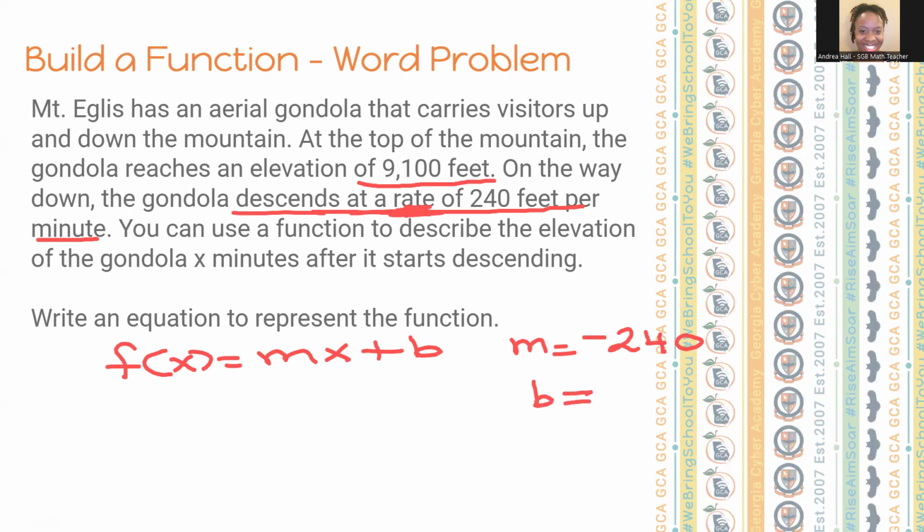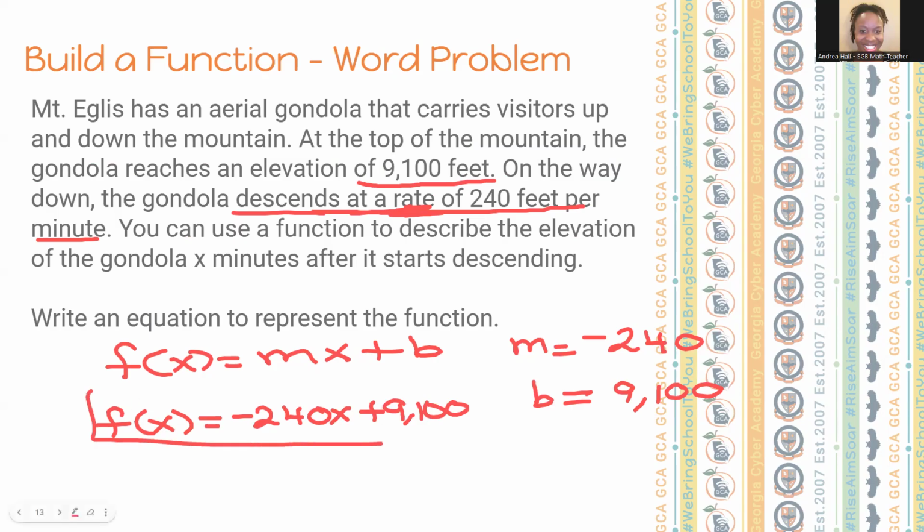And then my height starts at 9,100 feet. So to build it, I'm just going to say f of x equals -240x plus 9,100. And that's my answer right there. There you go.